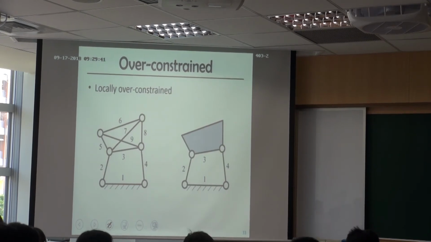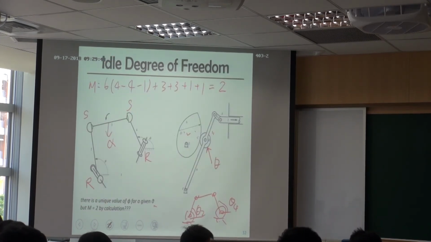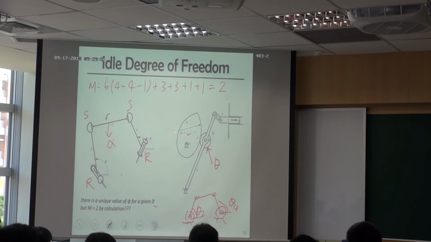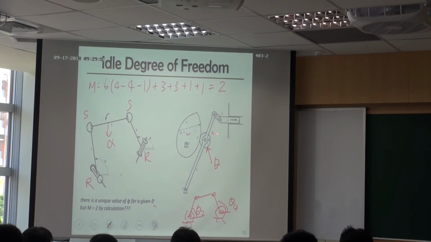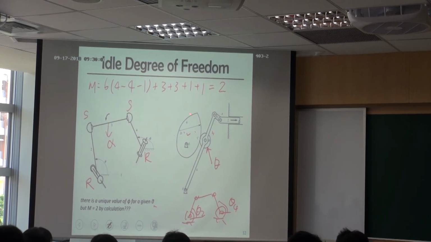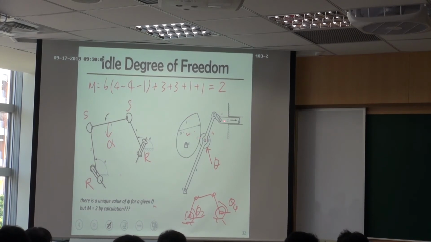Yes, please. Which link is the input? We didn't define the input, but you can use either this one as input or this one. I think originally it was supposed to use this cam, so it's a cam follower mechanism. You rotate this one, and this output will move correspondingly.